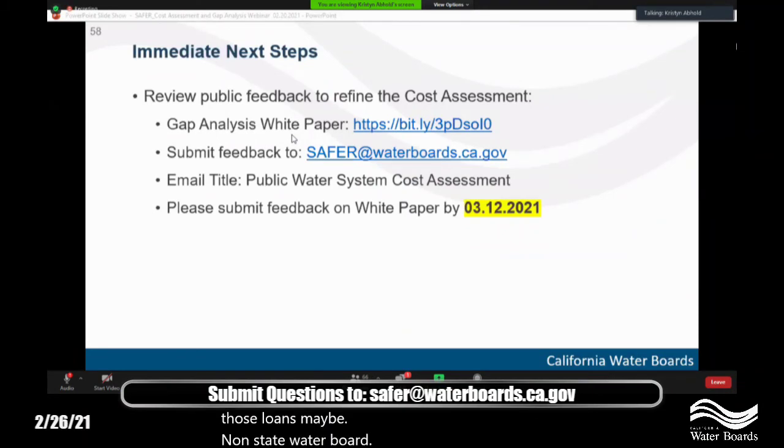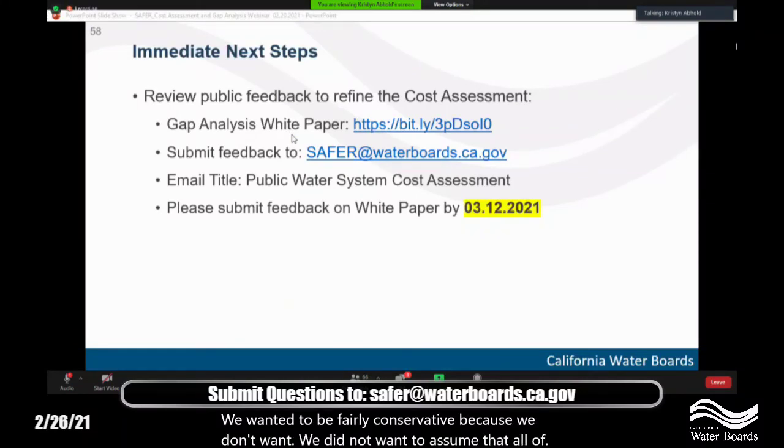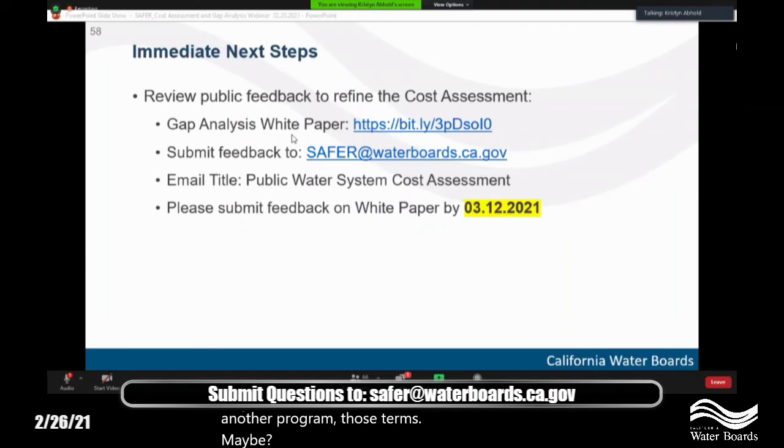Some loans, if they are provided by the water board, could have terms that go out to 40 years. However, we wanted to be fairly conservative because we did not want to assume that all of those loans would be provided by the water board. If a community goes out to a private lender or another program, those terms may be lower than 20 years. So we are trying to be more conservative there. Hopefully that answers your question.